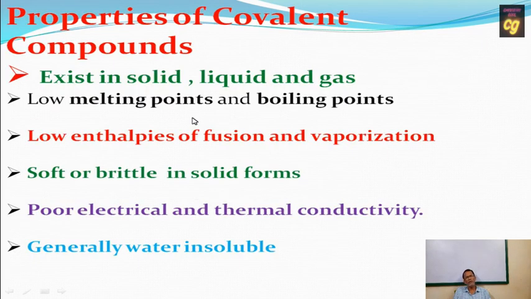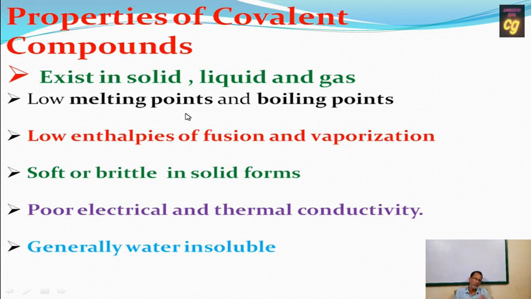Then what are the properties of covalent compounds? The first important property is that covalent compounds may be solid, liquid or gas. That means different types of covalent compounds are available. Some are solid, some are liquid, some are gas. They have low melting points and low boiling points, and very little heat is required to melt and to vaporize them.